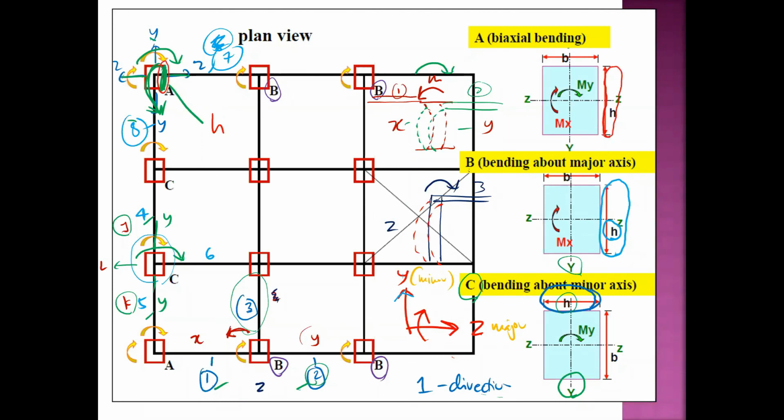We must refer to the major axis and both. So Mx is caused by beam number 8, and My is caused by beam number 7.